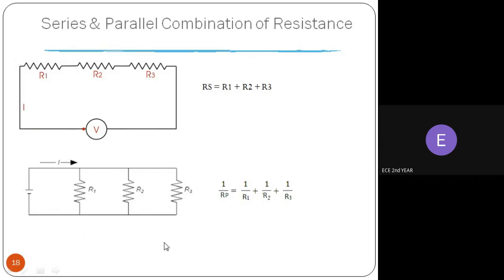In the same way, in the parallel combination, the current flowing through element R1 is I1, R2 is I2, R3 is I3. When we sum I1, I2, I3, it should be equal to the total current I flowing through the circuit. So this is the property of series and parallel combination.